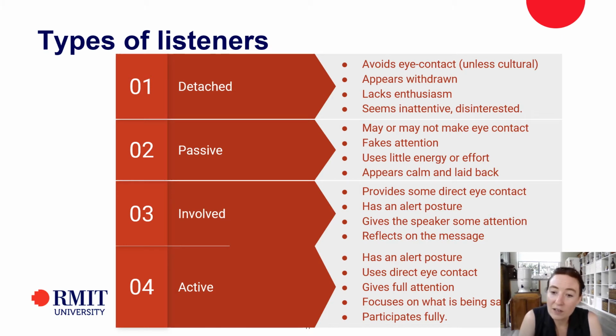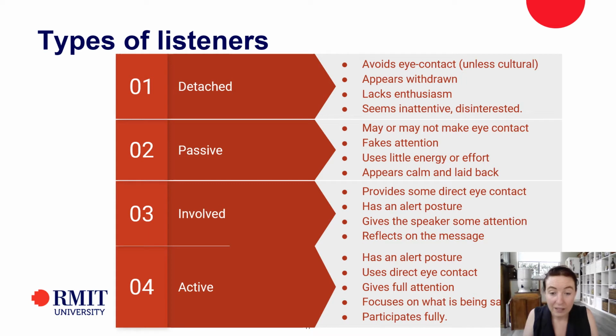It's a type of communication where one person really takes on the role of a listener more so than a talker. That's active listening. I'd love to jump up to number 1, detached, because that's something that you will see, and you may even be a detached listener from time to time.